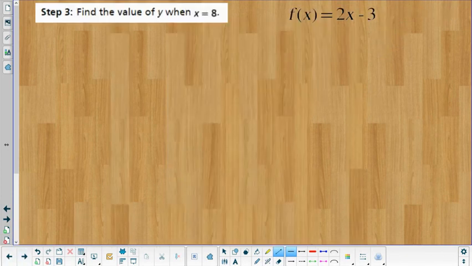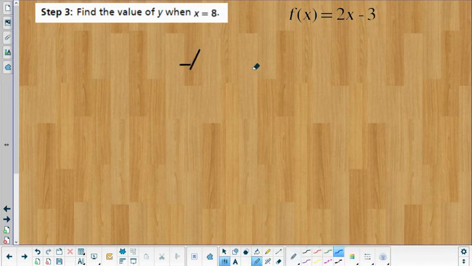It's in function notation. So then the last step says find the value of f when x equals 8. So remember, it was 2 degrees per hour. So what this is asking us is, after 8 hours, what would the temperature be? So we can evaluate this by substituting 8 in for x. So they want to figure out what is f of 8.